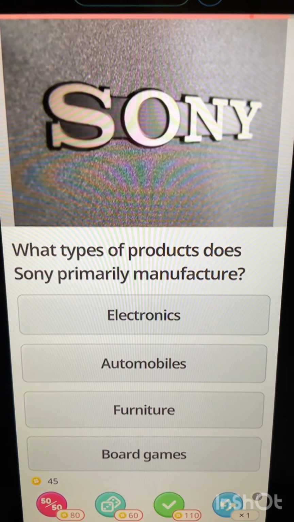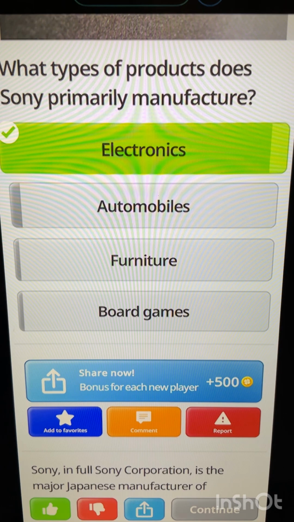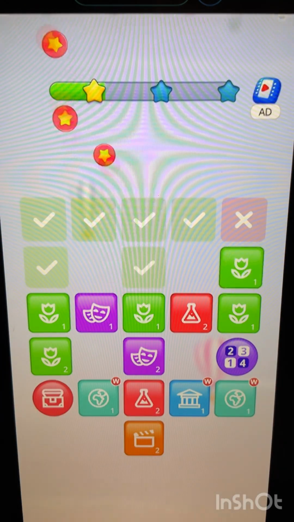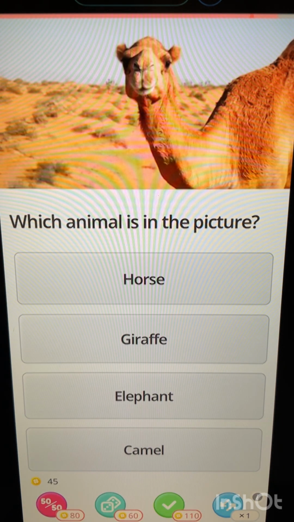Society. What types of product does Sony primarily manufacture? So I will go for electronics. So nature. Which animal is in this picture? That is camel.